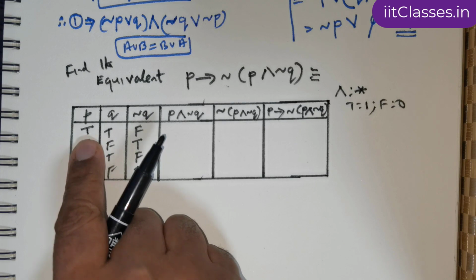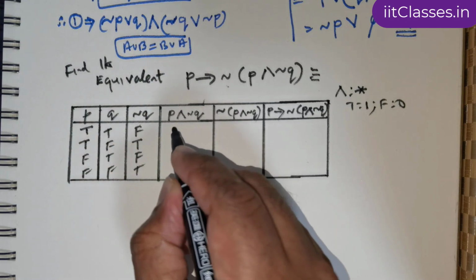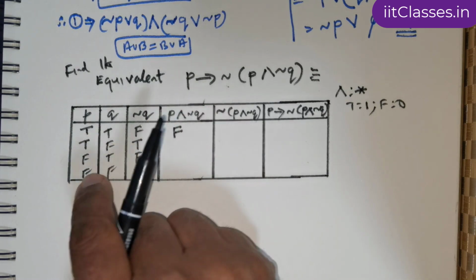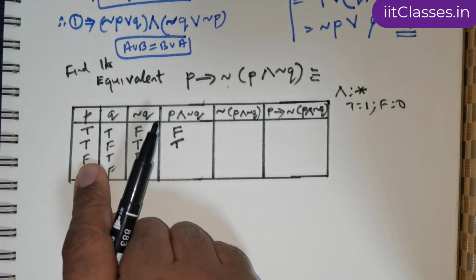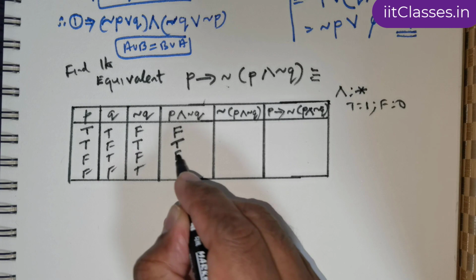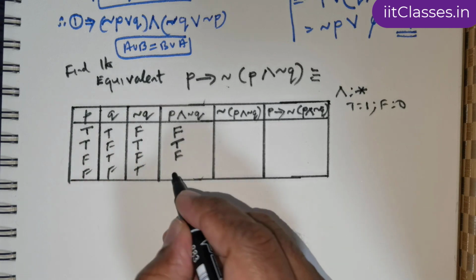So 1 multiplied with 0 will give me 0, 1 multiplied with 1 would give me 1, 0 multiplied with 0 will give me 0, 0 multiplied with 1 would give me 0.